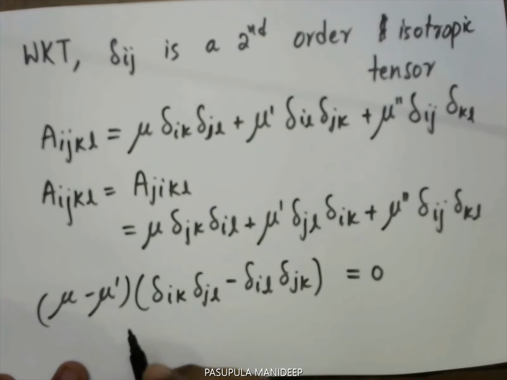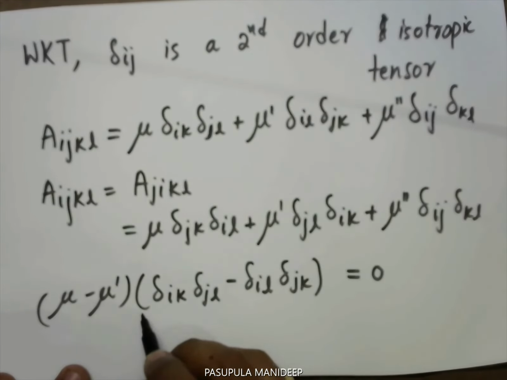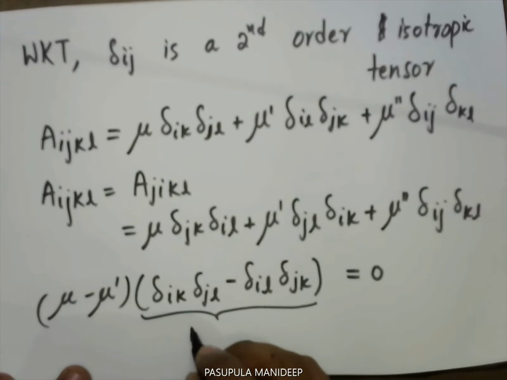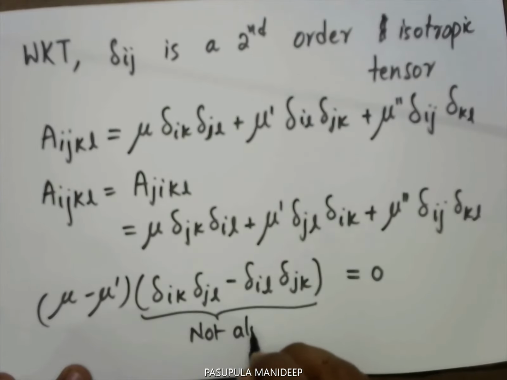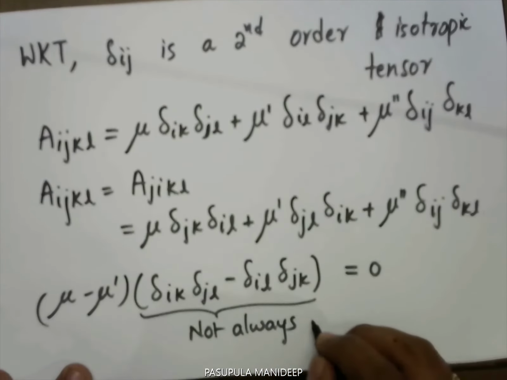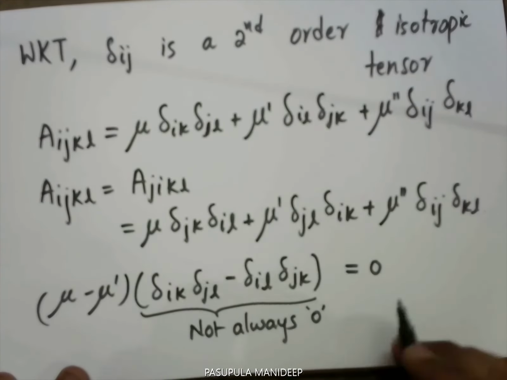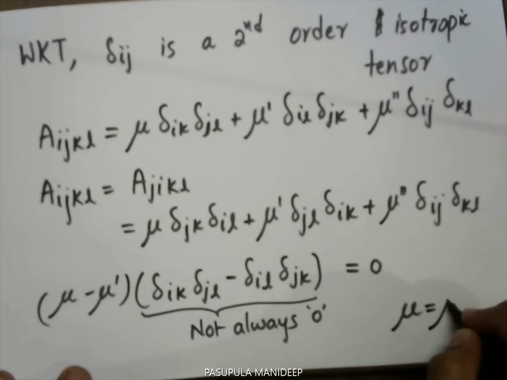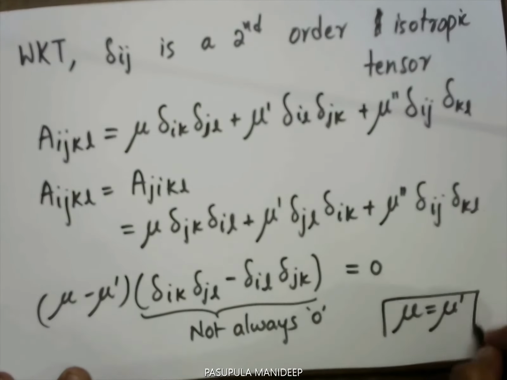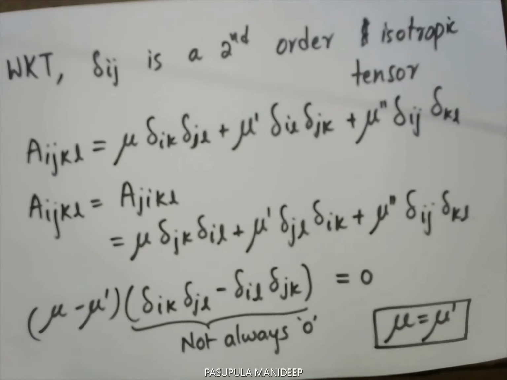But from basic tensor calculus, we know that this term is not always 0, right? Hence, for this equation to be true, mu should be equal to mu prime.